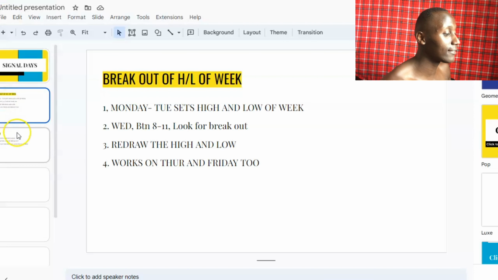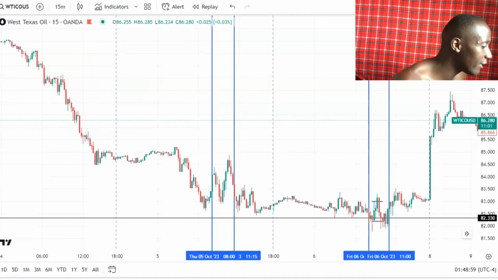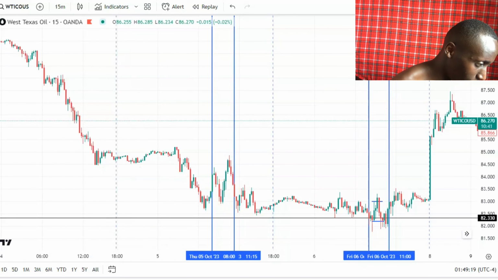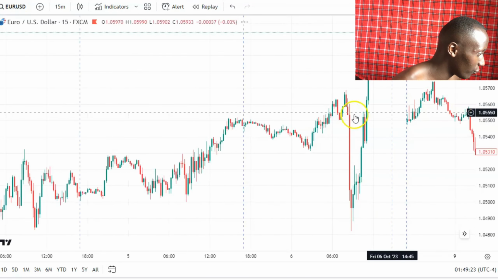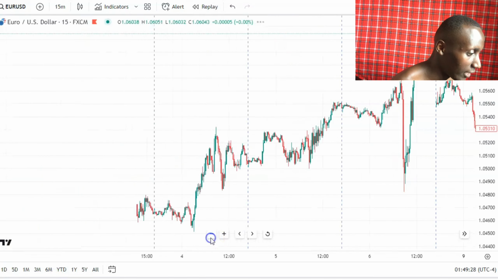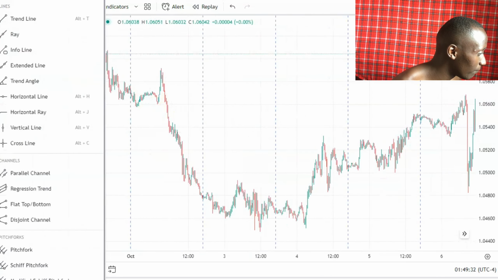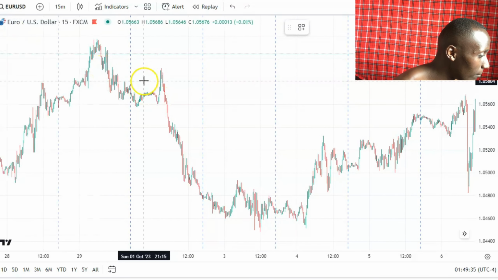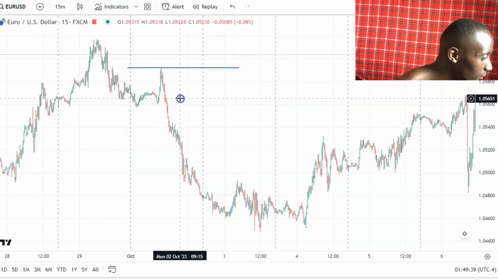The second signal that I look for, so this is the second and the third, this is the first red day and the first green day. So how do you identify it? It is simple. Monday, let's use the Euro USD, and we'll use last week. Alright, so we have Monday setting the high and the low.